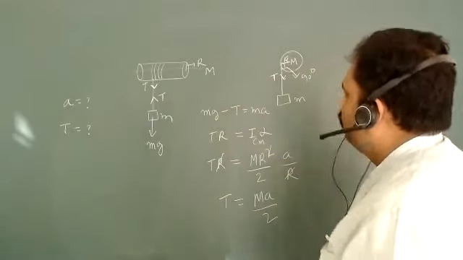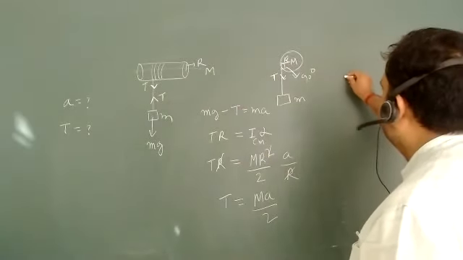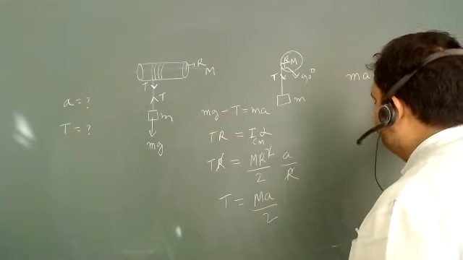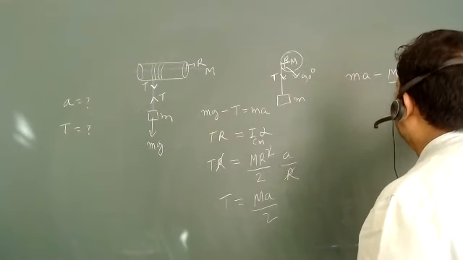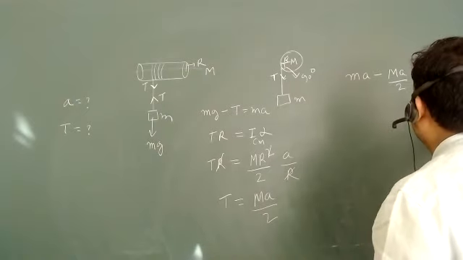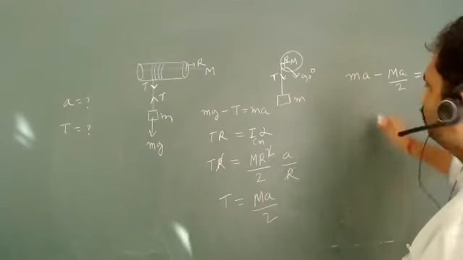So we can put the value of tension here. So we get mg minus Ma by 2 is equal to ma. Sorry, this is mg.